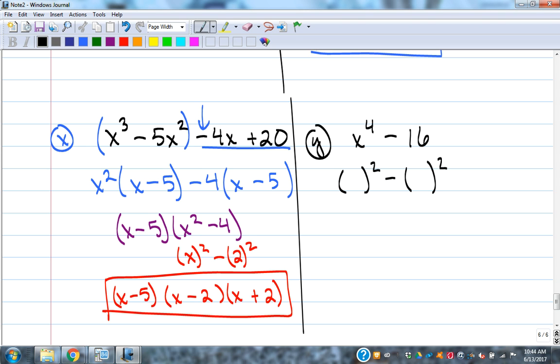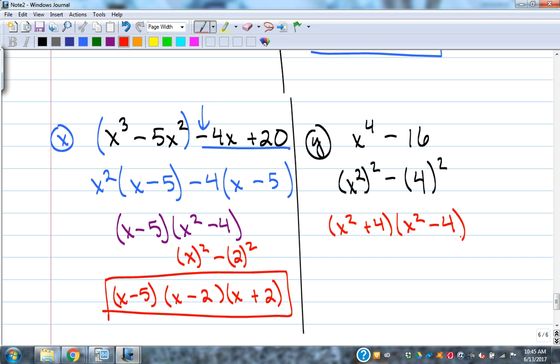What squared is 16? That'd be 4, right? What squared is x to the 4th? x squared. So that means my factors are x squared plus 4 and x squared minus 4.